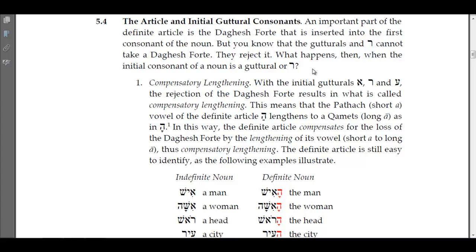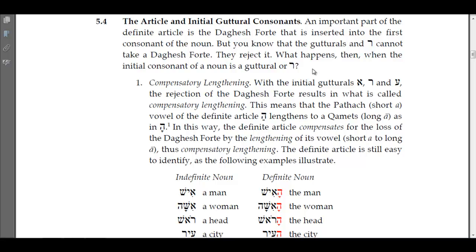The rules we need to learn are for when we attach the article and try to put a dagesh in a guttural. Its first letter is a guttural, and we remember that the gutturals are aleph, ayin, hey, and chet, and resh, sometimes resh.